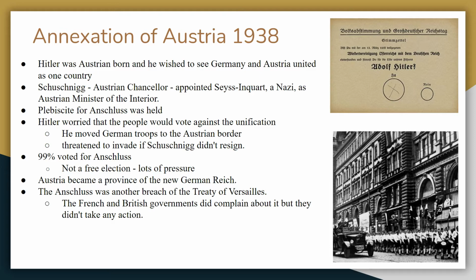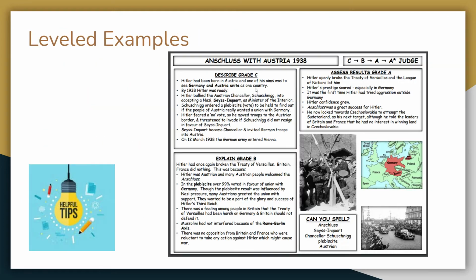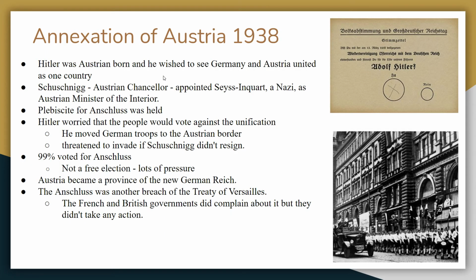He's actually convinced by Hitler to do that. Hitler makes him do it. And this guy, I don't even try to say his name because it's really hard. Seyss-Inquart, so you can just look at it. His name is not quite as important as Schuschnigg's, so if you need to memorize a name, go ahead and memorize Schuschnigg, and don't even worry about the other guy's name. Just say that he was a Nazi.